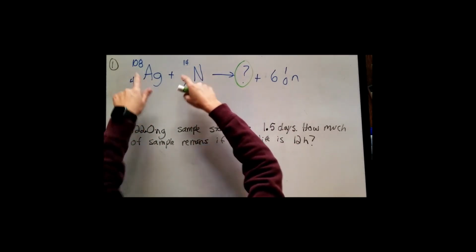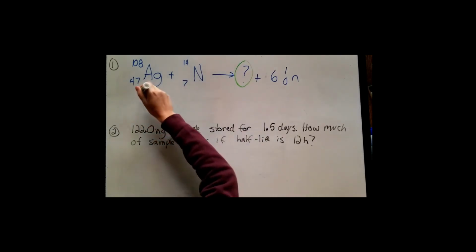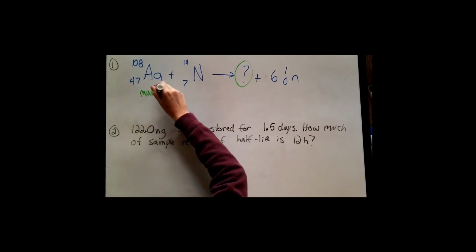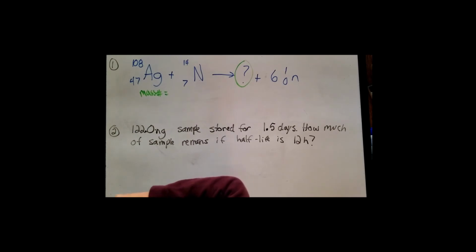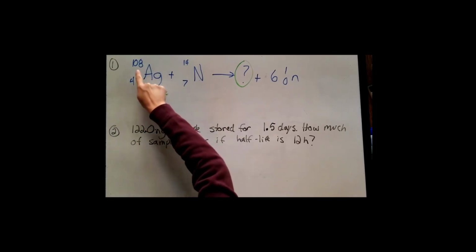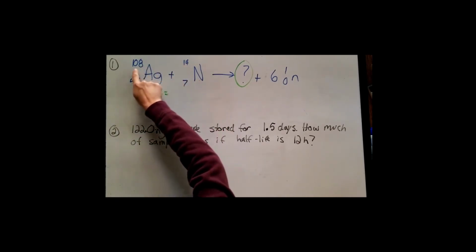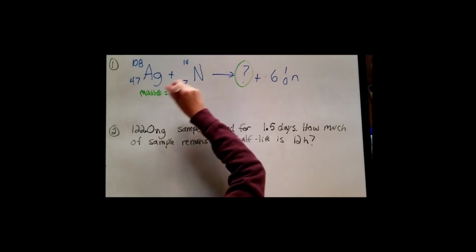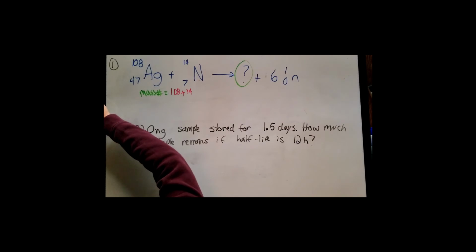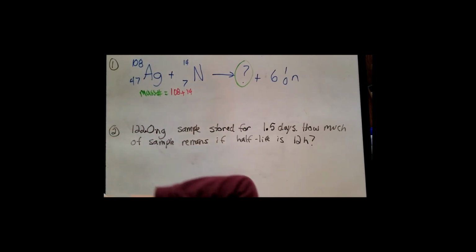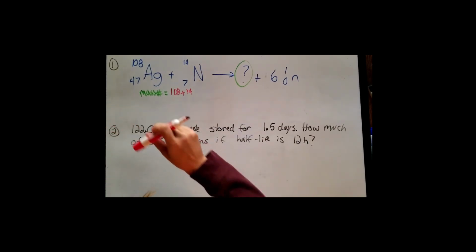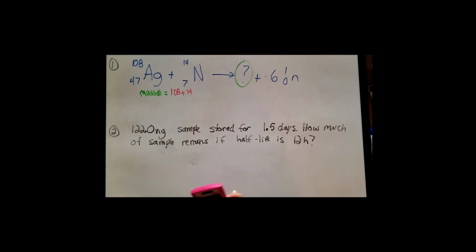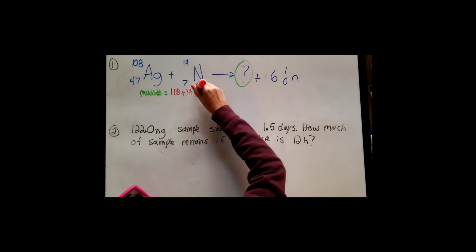So when we add the mass number up over here, let me use a different color, these are the mass numbers up here, so 108 plus 14. I know I should be able to do that in my head, but I'm probably going to screw it up, so let me add that quickly on my calculator. And I get 122.